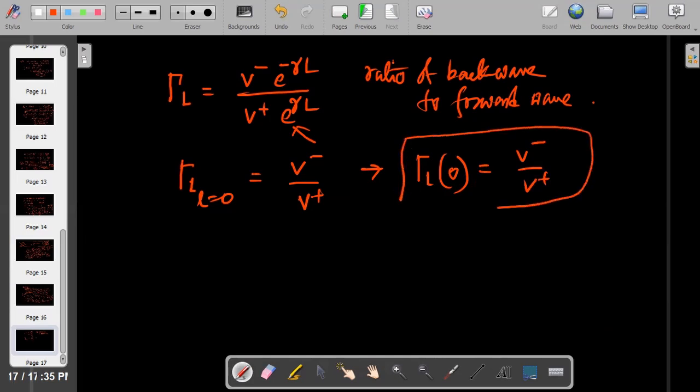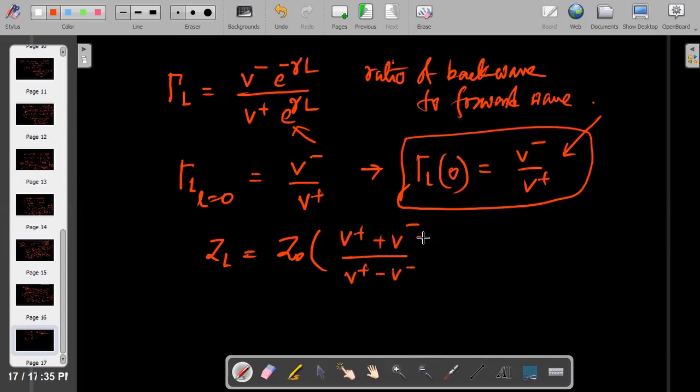Please remember this one. At the boundary, or at the origin, the reflection coefficient is nothing but what? The ratio of backward voltage divided by the forward voltage. Now we already know ZL is nothing but Z0 into V plus plus V minus divided by V plus minus V minus.